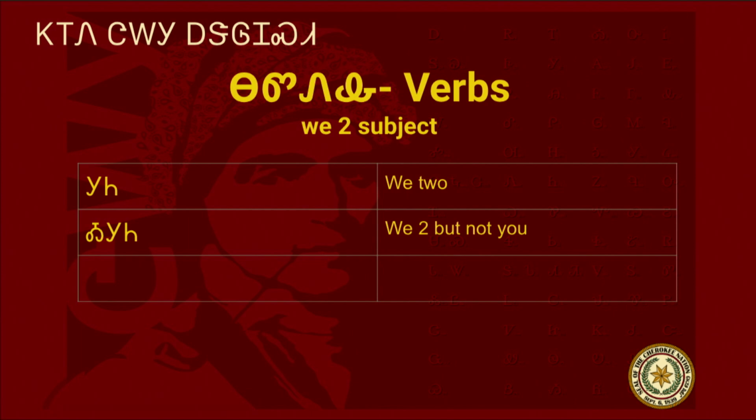However, we have two different ways to say it. If the person you're talking to is included in that we, then it's gin or gini, okay? But if you're talking to somebody and you're saying myself and someone else, not you, that would be ogini. So that o excludes the person spoken to.